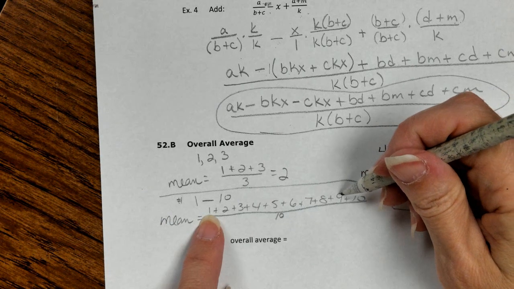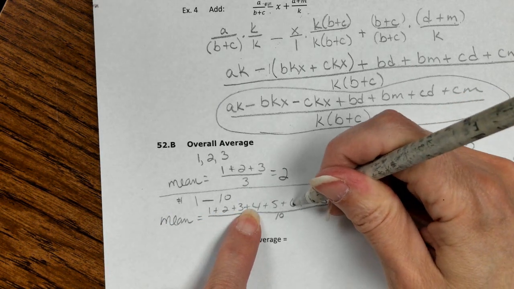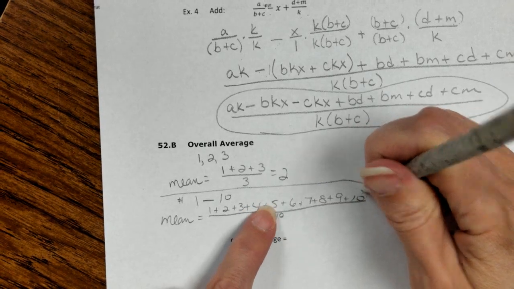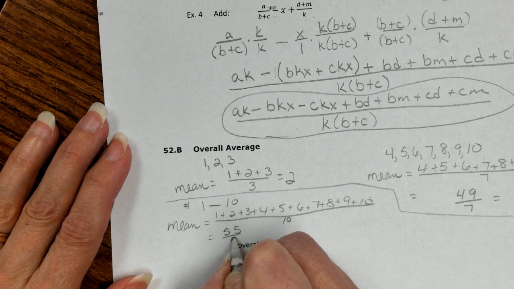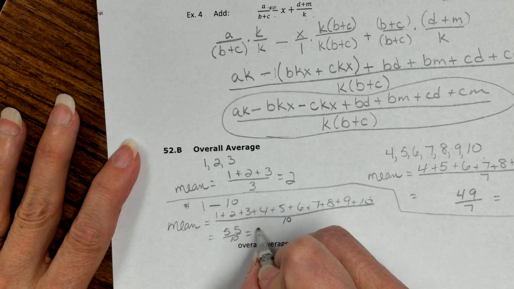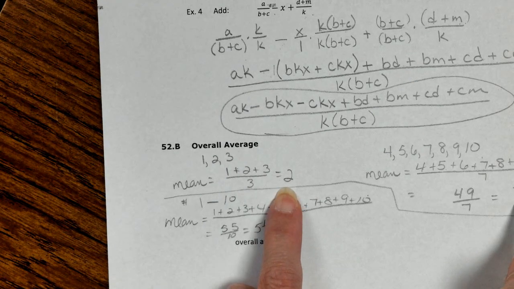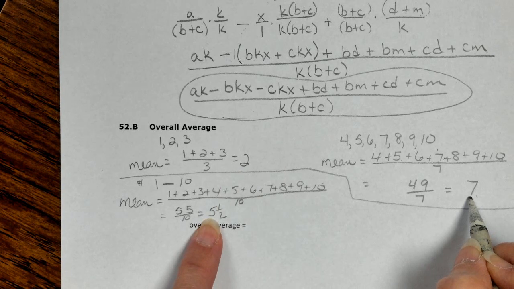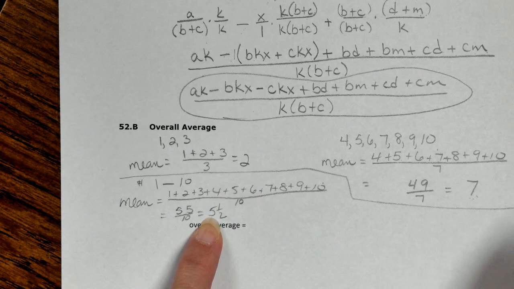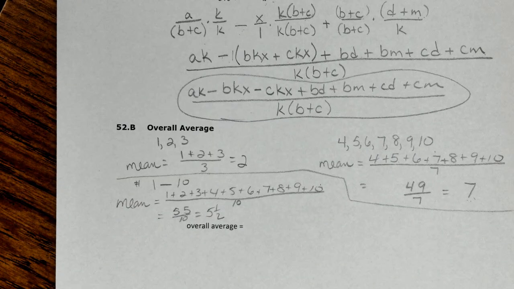This is, let's see, 10, 20, 30, 40, 55. 55 divided by 10 is 5.5. But if I do the average of the averages, or the mean of the means, then I'm getting 4.5, which obviously does not equal 5.5. Okay, so it's very important to remember that and do this the way I'm about to show you.